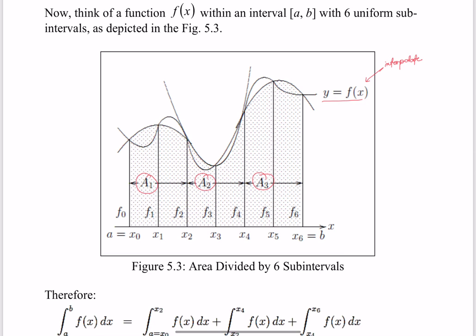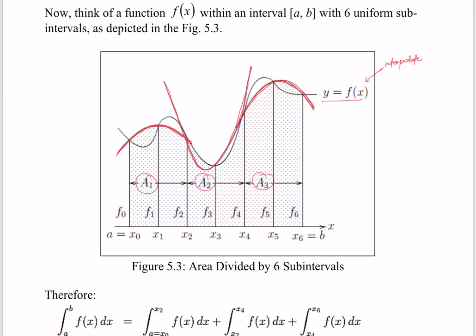So we have this graph, one quadratic for area 1, and then the red one that I drew for you is for area 2, and for area 3 we also have a quadratic graph.